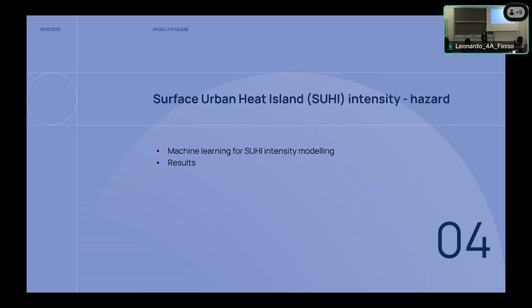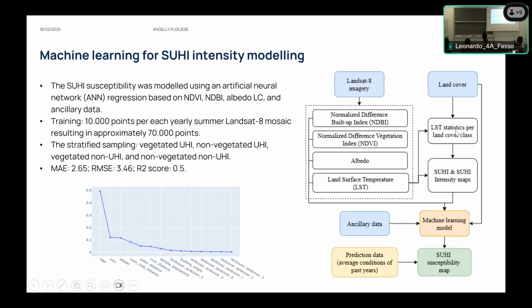So now moving to the surface urban heat island intensity as a hazard. In this case, I used the same diagram, just land surface temperature was not considered, because I didn't want to model the surface urban heat island intensity in terms of the land surface temperature that we are expecting.